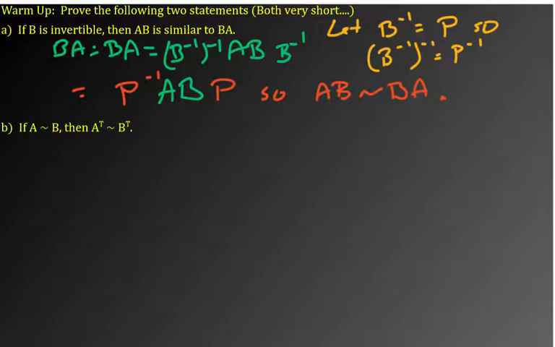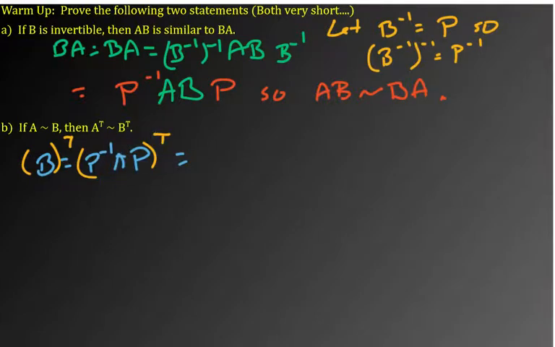So for this one, if you know that two matrices are similar, then their transposes are similar, which is nice. We know A and B are similar, so I'm going to start with B equals P inverse AP, and take the transpose of both sides. There's not much to change on the left, so I'm going to do something on the right side.